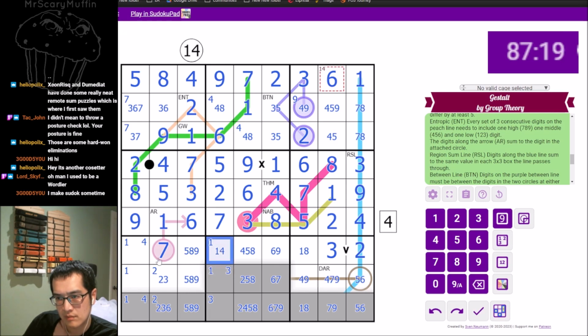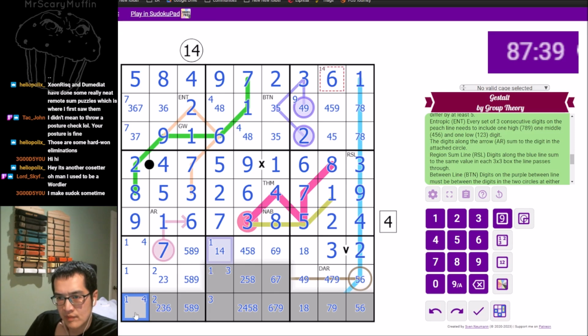If the 1 is here, this can't be a... Whoa, there's a 1 here. If the 1 is here... No, that doesn't help. If the 1 is here, this would be a 4.